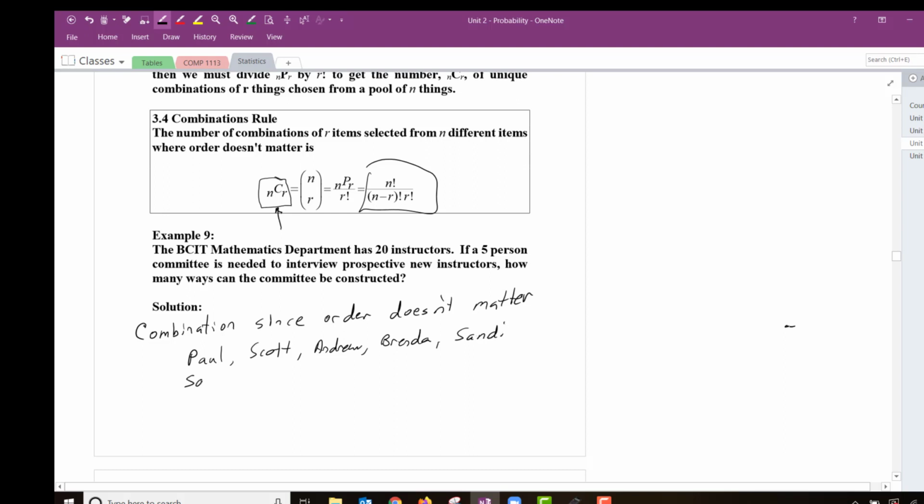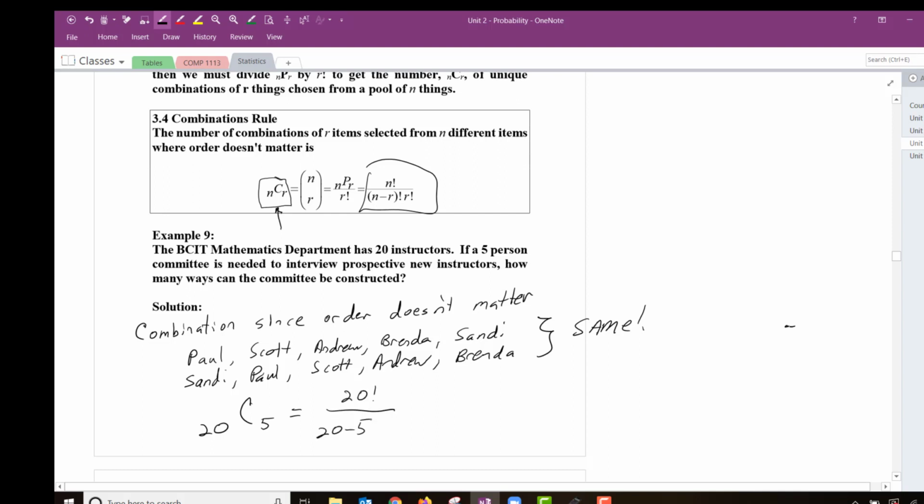Is that the same committee as Sandy, Paul, Scott, Andrew, and Brenda? I'd say they're the same. As a result, we have 20 people, and we are choosing a subset of size 5. So it's combinations. This is 20 factorial over 20 minus 5 factorial. And what makes this different from permutations is that we also divide by 5 factorial.